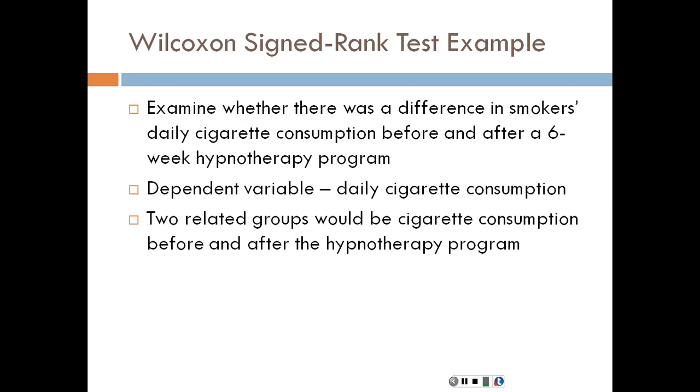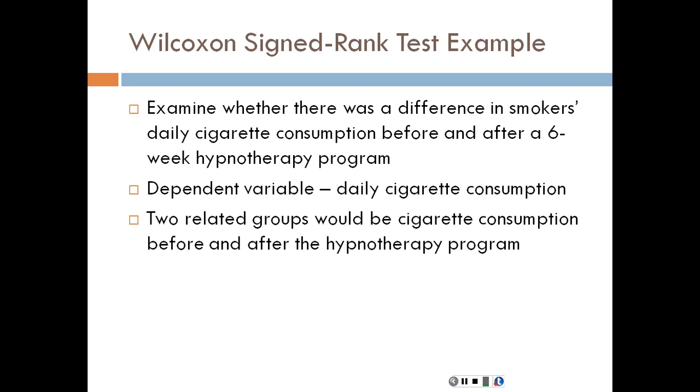It's almost like a pre and post. So before the program, we're collecting the baseline data, and then again after the program. So the dependent variable here would be daily cigarette consumption, and the two related groups would be before and after.